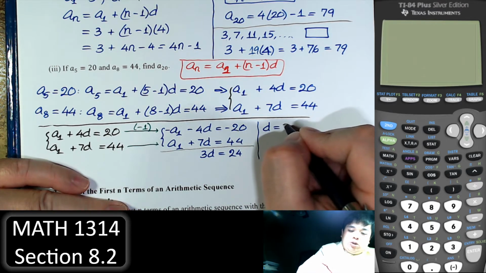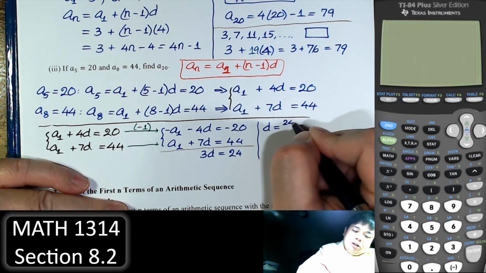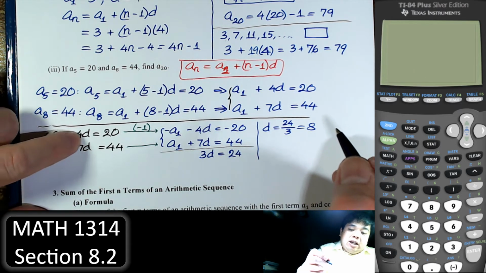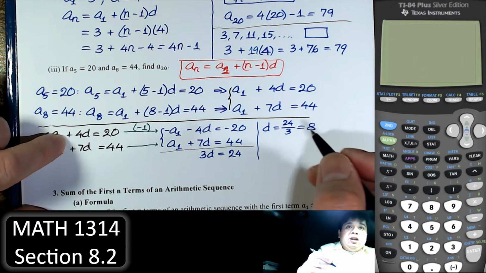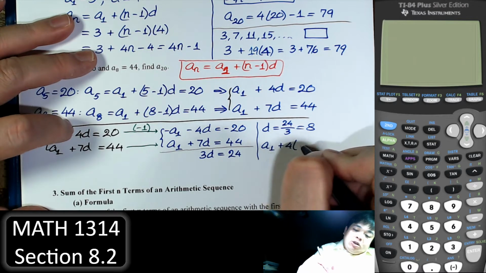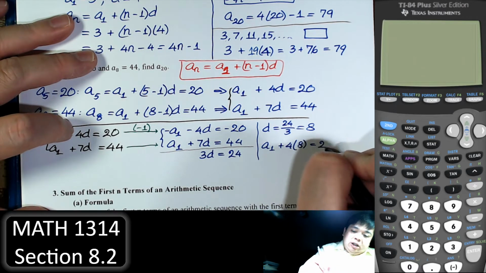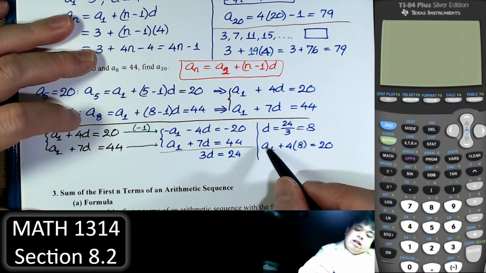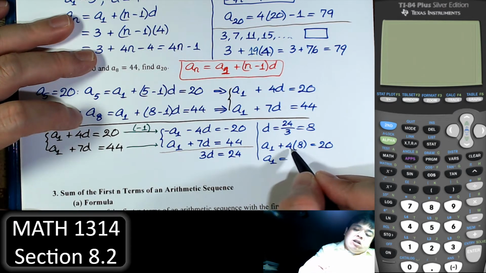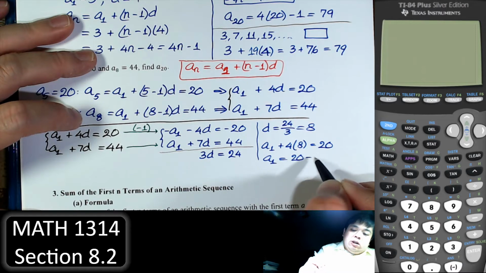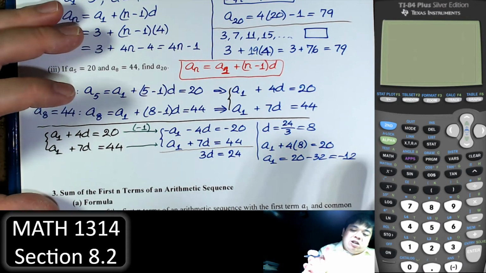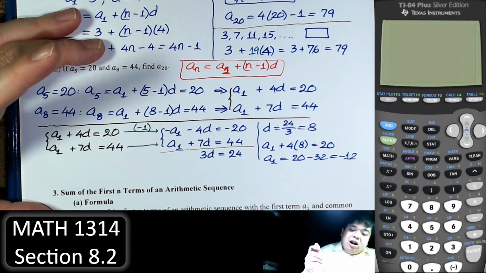So d is equal to 8. Now that we know d is 8, we can substitute back in here. a1 plus 4 times d, which is 8, equal to 20. So with that we can get a1 is equal to 20 minus 32, which is minus 12. So we have the first term, we have the common difference.